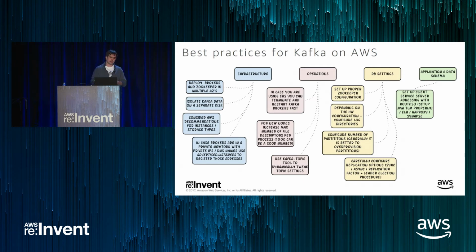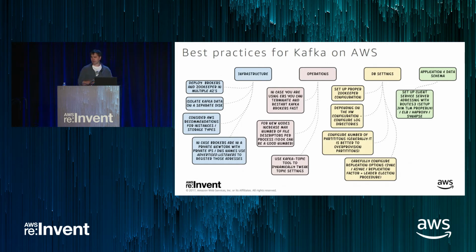Some best practices around deploying Kafka on AWS. Of course, the first thing is to isolate Kafka data on a separate disk, because it takes some time for a Kafka node to be online after it joins the cluster. For each node, it's better to increase the max number of file descriptors per process, because it's really crucial.